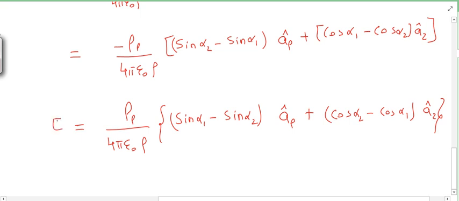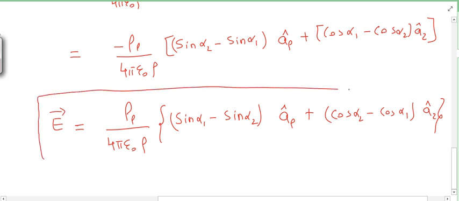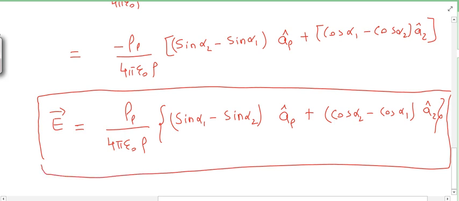This is the value of electric field due to line charge distribution, or I can say finite line charge distribution. But you can use this for any line charge distribution, any.